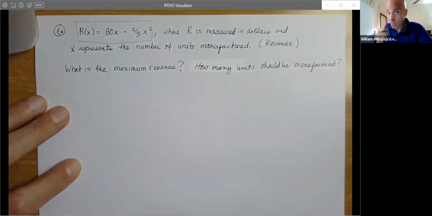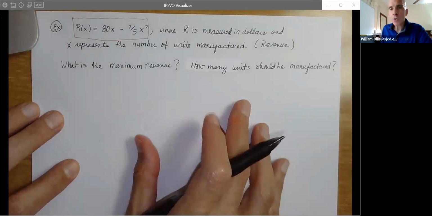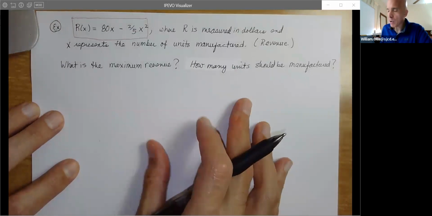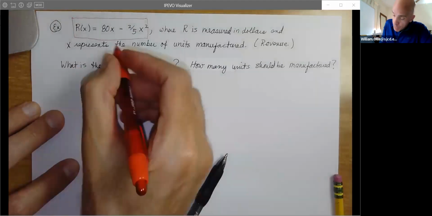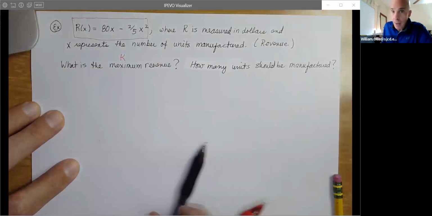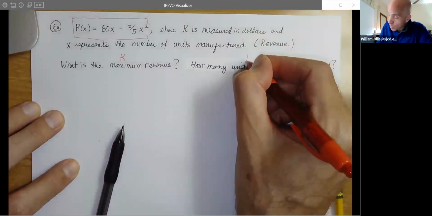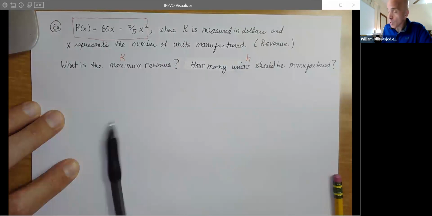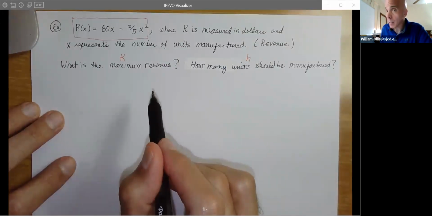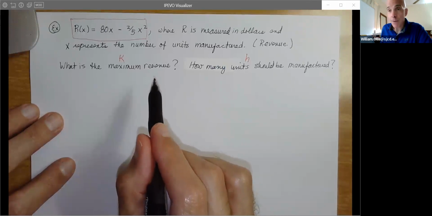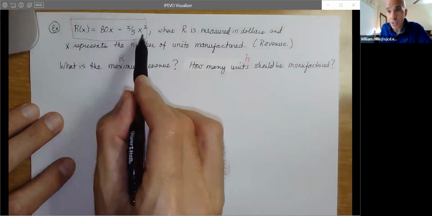So when you look at this problem, you're thinking, oh, I see, Professor Ron, we need the vertex because the maximum is the K, and the number of units is the H. So we need the vertex. Now I want to show you a little trick here that is actually very pleasing. There is no constant term here.